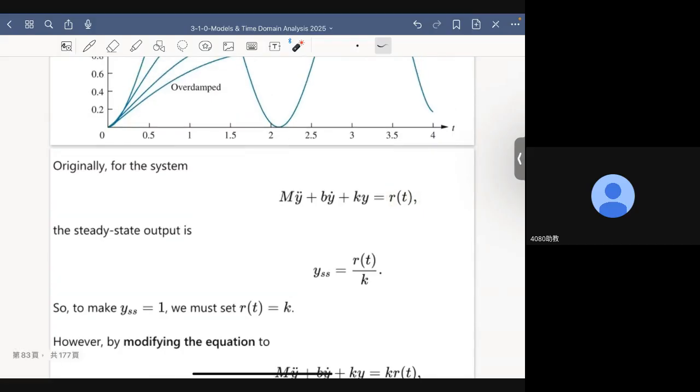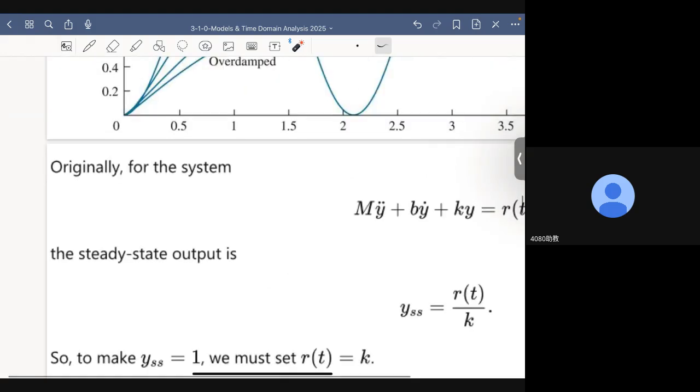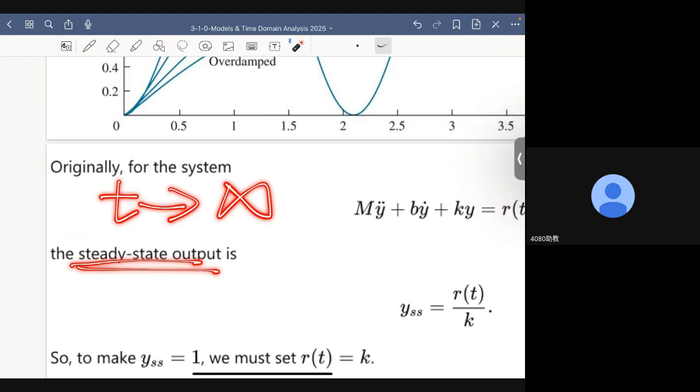Now, with such a representation, the steady state output of the system will be this. Where does this result come from? Remember, here I assume steady state, which means when time goes to infinity, y will become a particular constant. y will not change anymore. It will be a fixed constant.